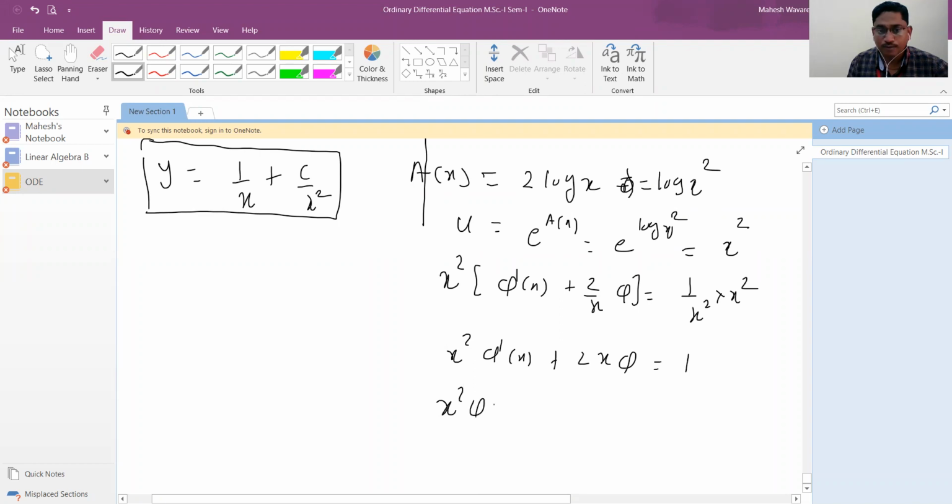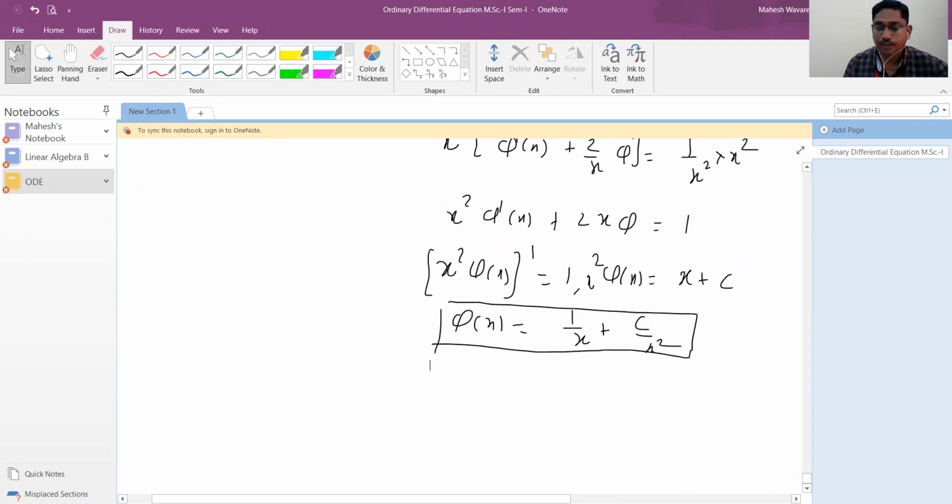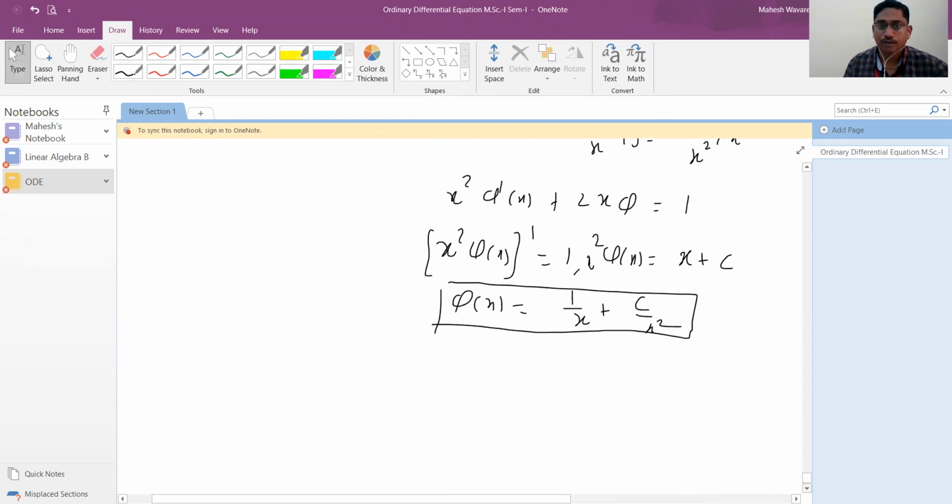So this is x square phi of x whole dash equal to 1. Integrating it, x square phi of x is x plus c, integration of 1 is x. So finally phi of x becomes x upon x square, that is 1 by x plus c upon x square. In both ways we have solved it, but if you guess it is a total derivative, then you can do it like this also. Any one method you can apply by your practice.